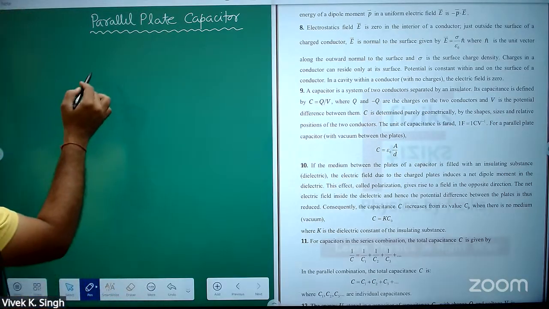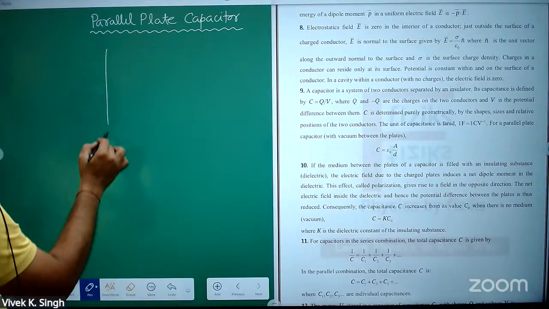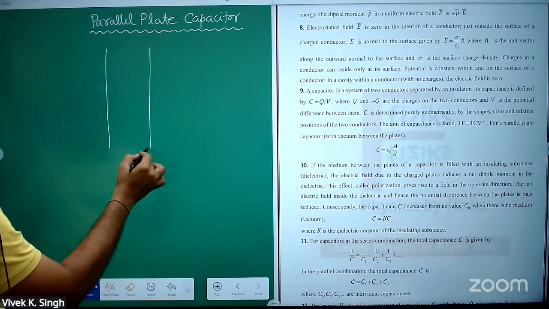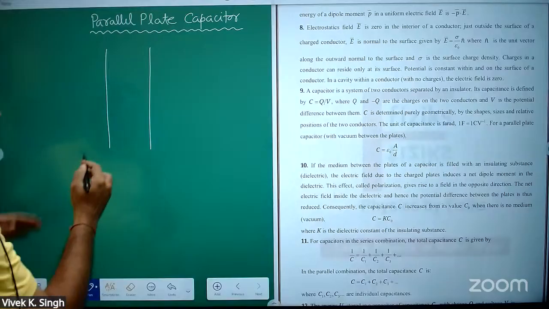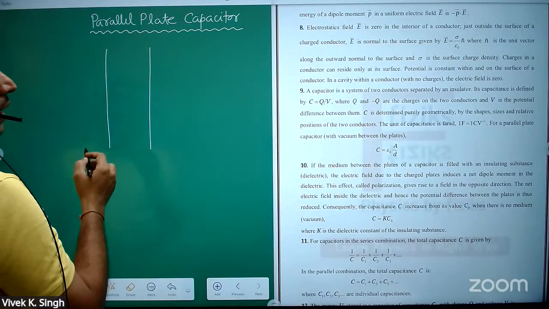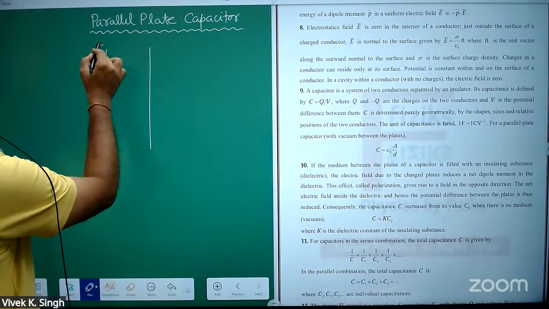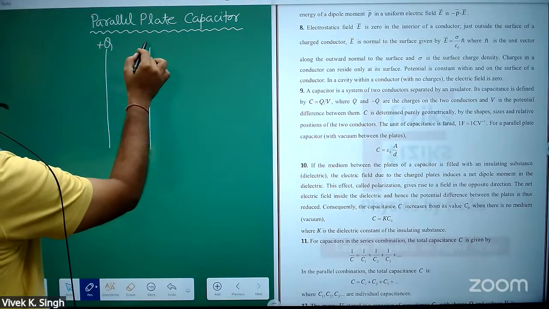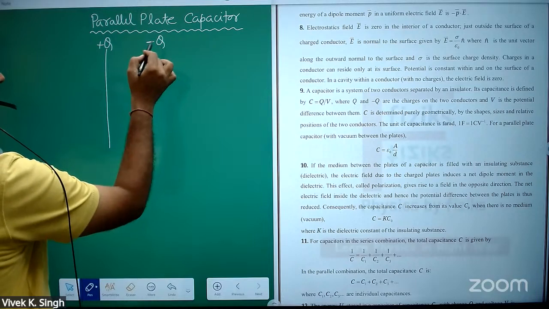So we have to consider two large parallel plates. This one contains charge plus Q, and this one contains charge minus Q, and they are connected with a battery.